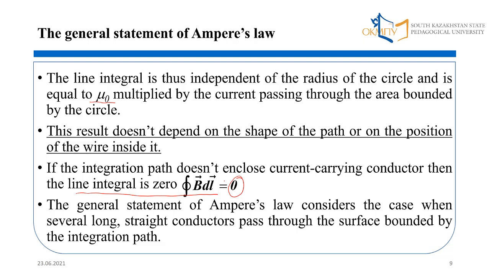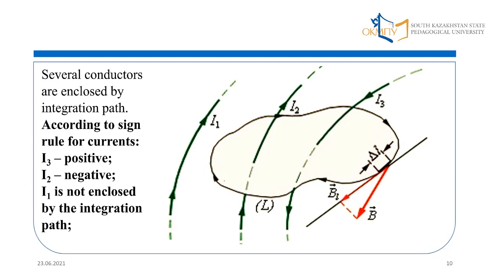The general statement of Ampere's law considers the case when several long straight conductors pass through the surface bounded by the integration path. Here is the figure for this situation. So we have three currents, I1, I2, I3, and two of them are bounded by the integration path.